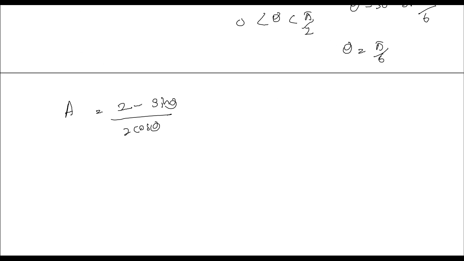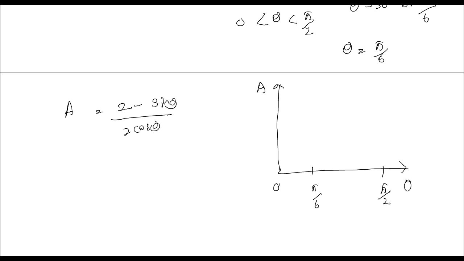Now if I look at the area versus angle where theta is between 0 and 90, pi by 6 would be 30. We don't know whether that's a maximum or a minimum. If it's a maximum, it will go like that. If it's a minimum, it will be like that.